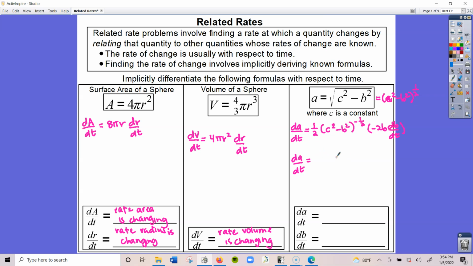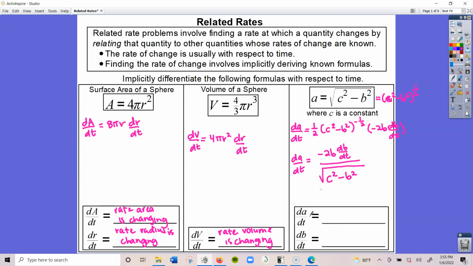So 1 times negative 2b dB/dt would be negative 2b dB/dt, and this is going to be over, this is all going down to the denominator, so that would make it a positive exponent. And the exponent of 1/2 is a square root. So that'll be the square root of c squared minus b squared.